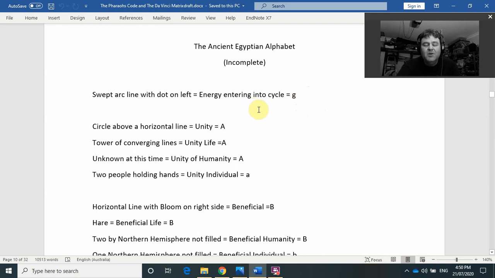So starting from the hook of the G, it flows up into a circular shape. Okay, so that's representing energy entering into a cycle. So in the Egyptian language, it was represented as a swept line, an arc-shaped line, and it had a dot on the left-hand side.